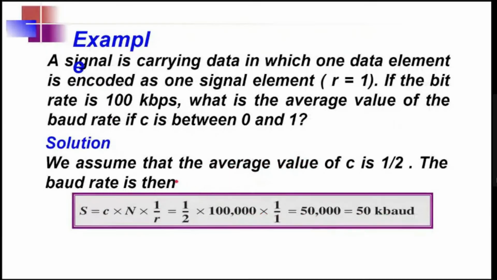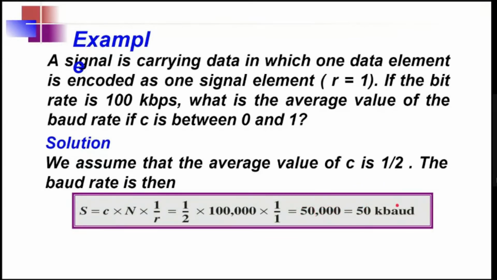The N value is the bit rate, 100 kbps. The kbps is converted into bits per second, so it is multiplied by 1000, and the corresponding value is 1 lakh, that is 100,000. So 1/2 because of the C value, times this N value, times 1/1, that is the R value. So the final signal rate is 50,000.